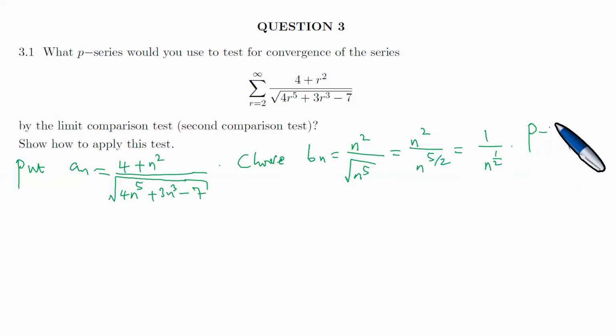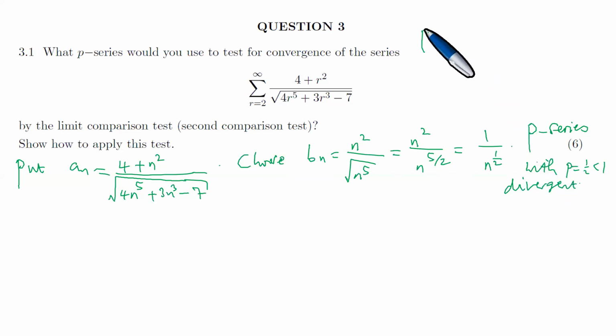Becomes a p series with p equals 1 half, less than 1. So at the end, now this is divergent.